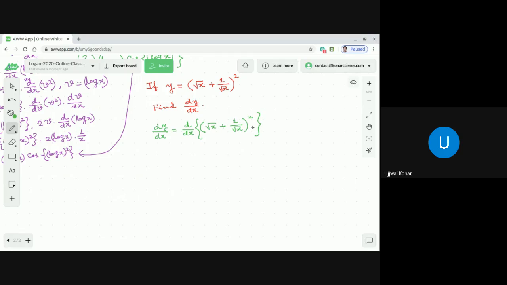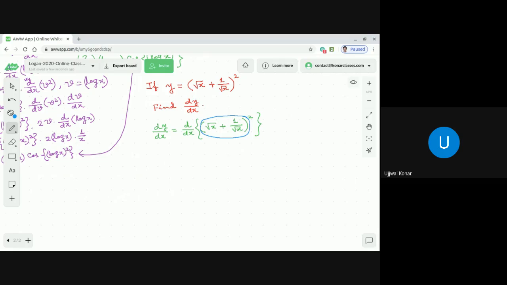Now, which one is not known to us as far as the differentiation is concerned? That is square root of x plus 1 by square root of x, which I assume as a blue one. Encircled in blue, it means d/dx of blue power 2.